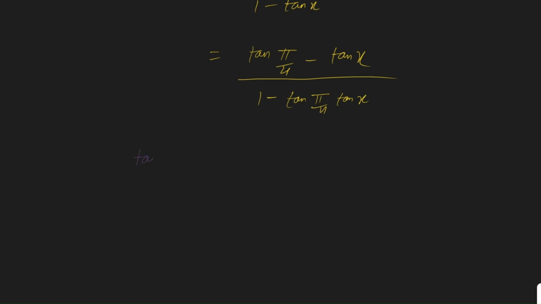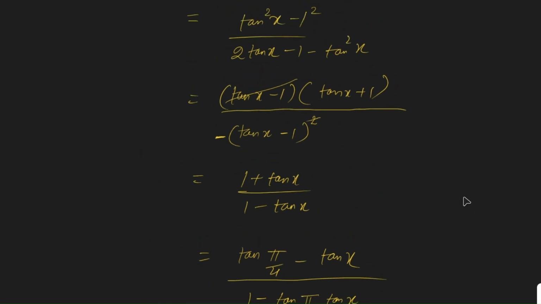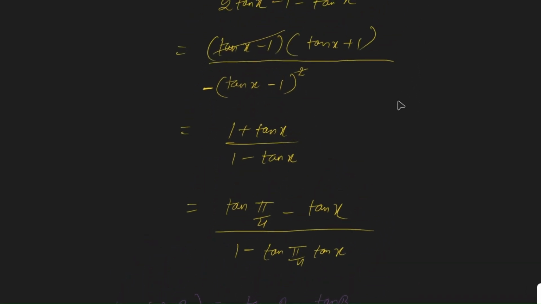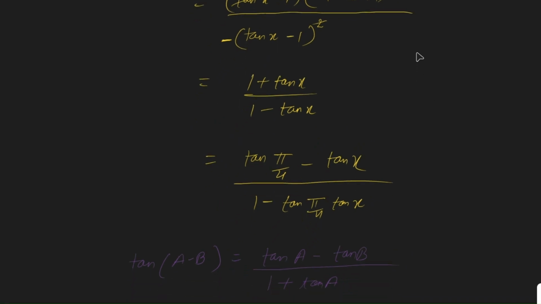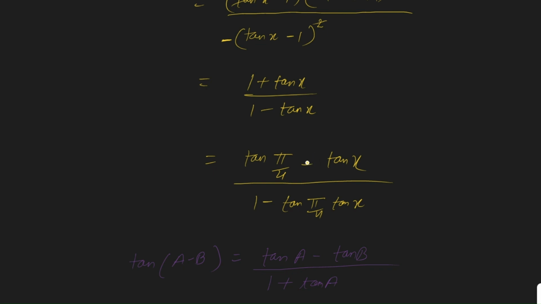So we know that tan A minus B is tan A minus tan B over 1 plus tan A tan B. Okay, so this is plus, not minus, my bad.